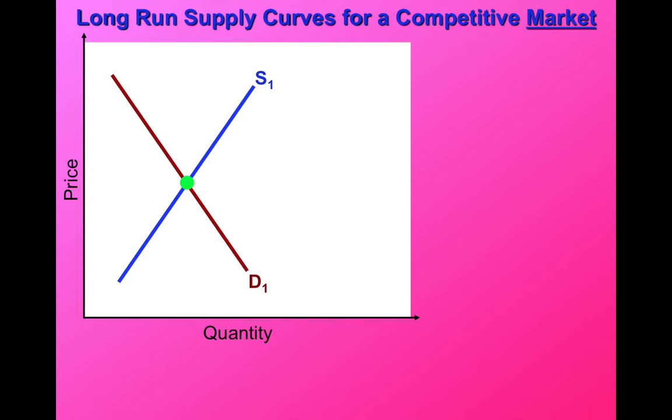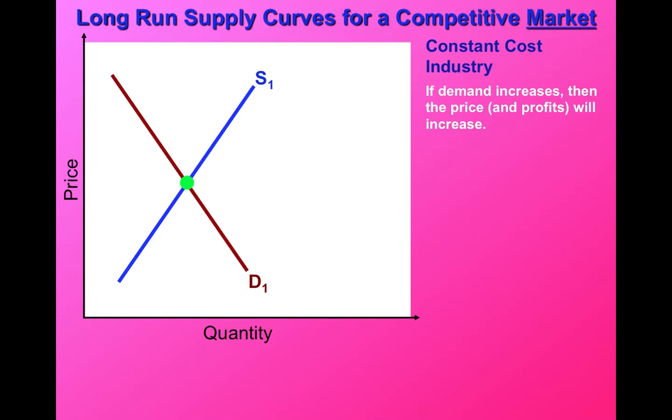And so we're going to start off looking at the most basic market here, and that's the constant cost industry. This probably describes most industries. And what we're seeing here is, let's say we start out right here with a supply and demand situation in the market.